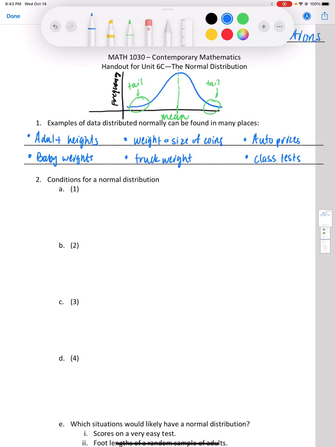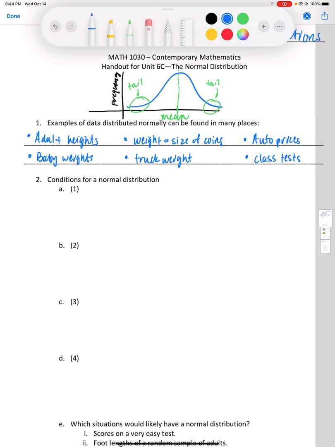Most people will get a C on average, and then there's going to be a few A's, and there's going to be a few F's. So they all kind of cluster around the mean. So those are real life examples of a normal distribution of data.